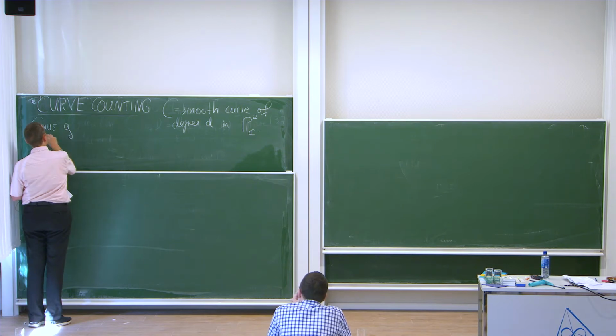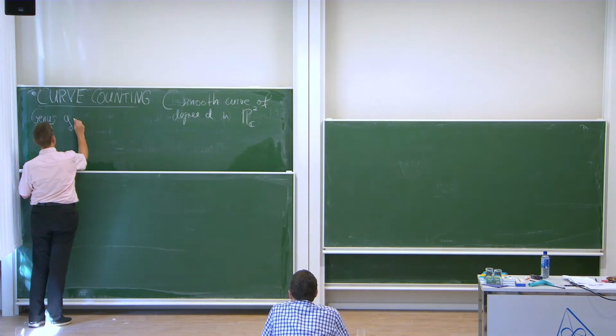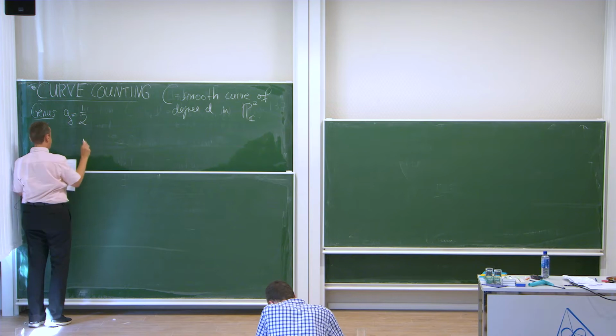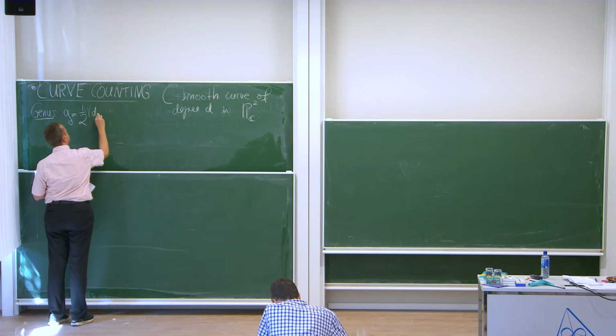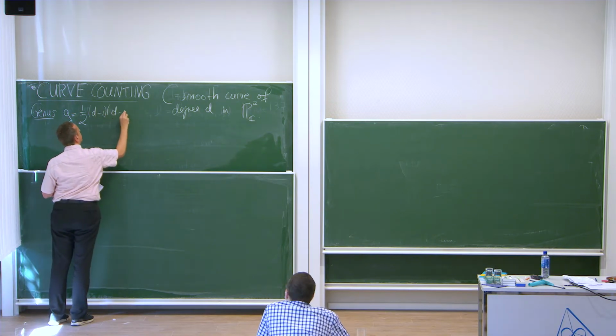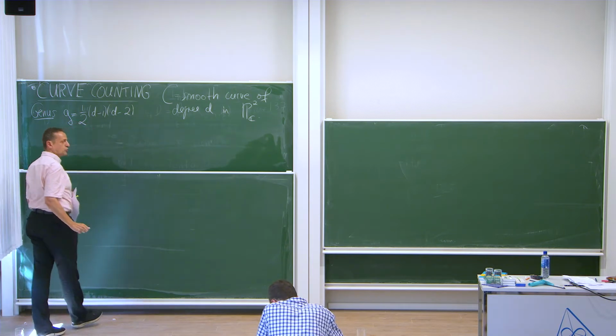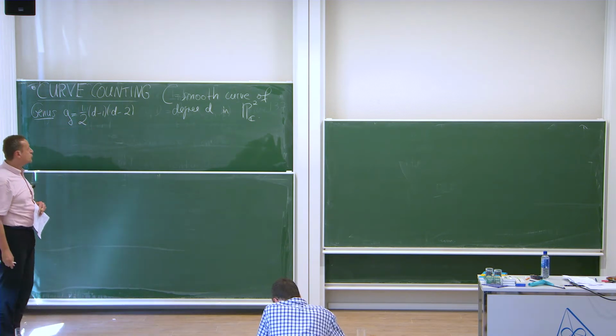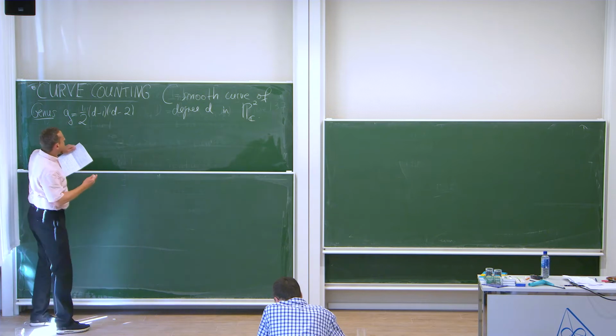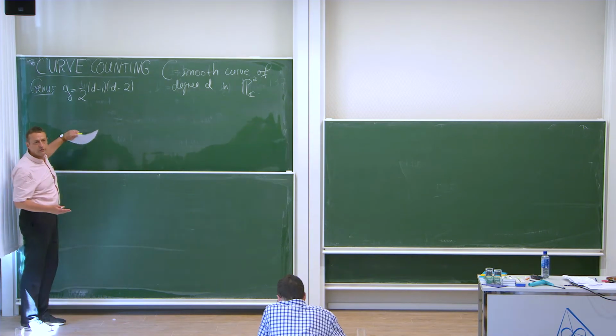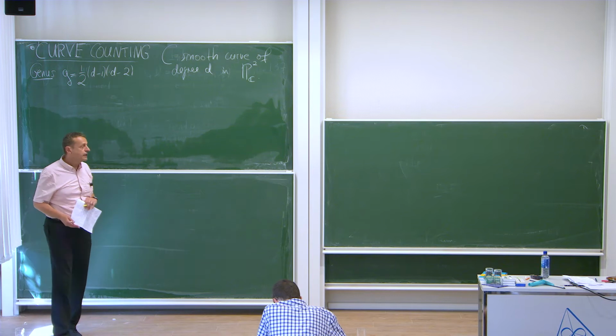And the genus of this curve, or the genus of this Riemann surface, by the degree-genus formula, is a half times (d minus 1) times (d minus 2), which is d minus 1 choose 2. So this is 0 if d is 1 and 2, and then it goes on 1, 3, 6, and so on.